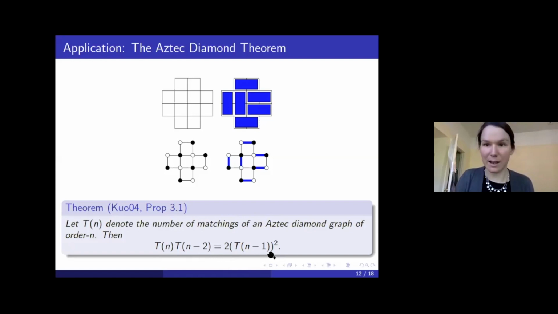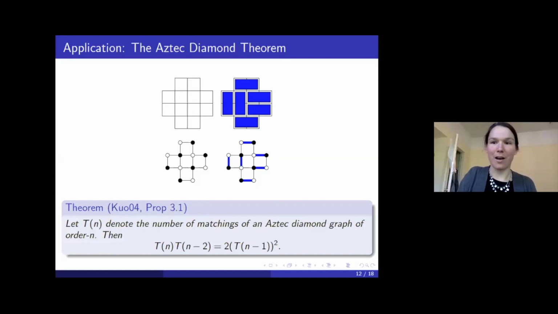He does this in the way you might expect based on the proof of the previous theorem we saw. He superimposes an Aztec diamond of order n minus 2 and a perfect matching of an Aztec diamond of order n, and then shows that you can break those apart into perfect matchings of Aztec diamond graphs of order n minus 1. So that's a really nice application of his work. Any questions at this point?